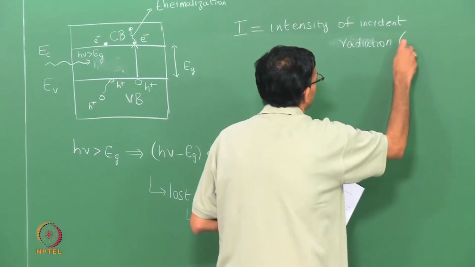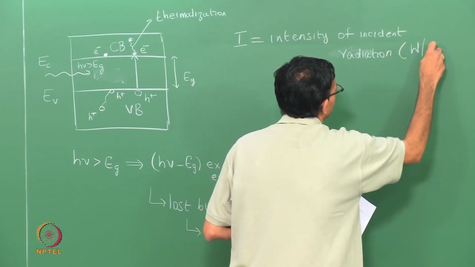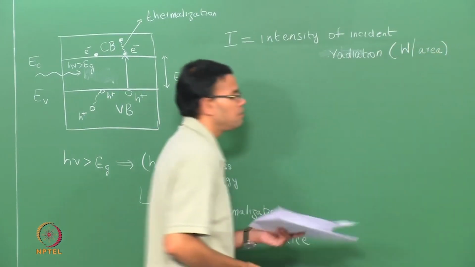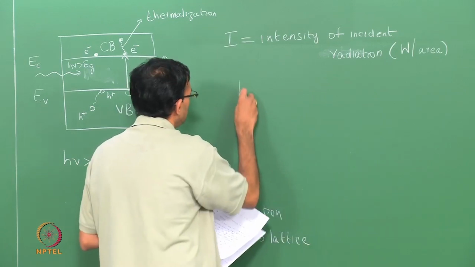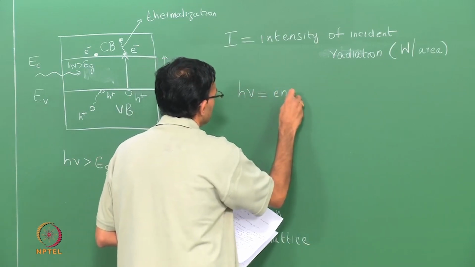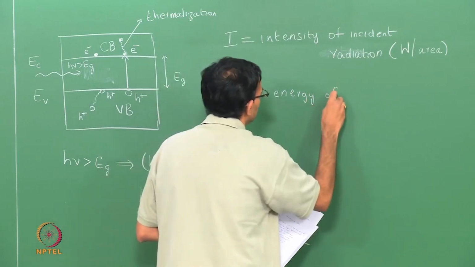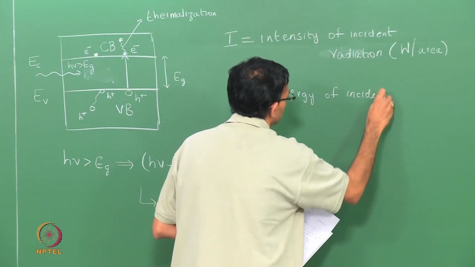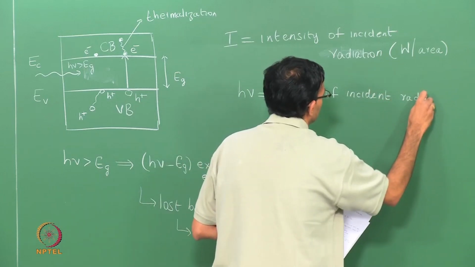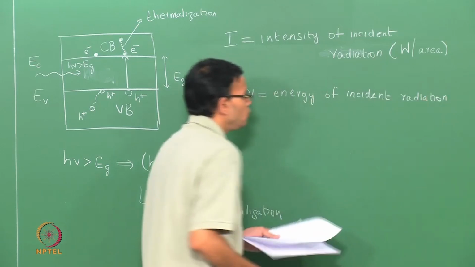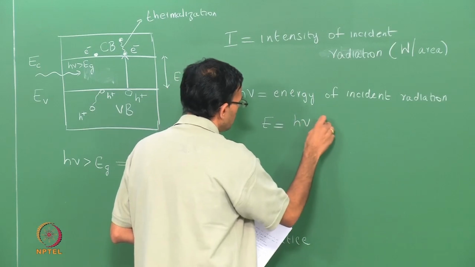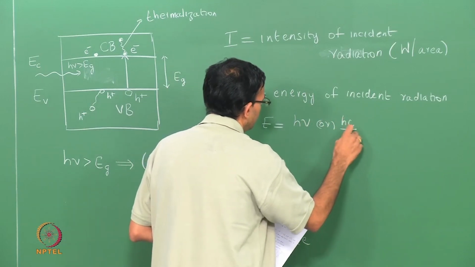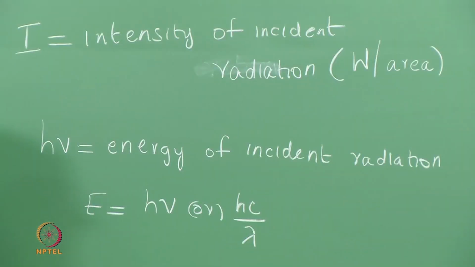So this is, let me say, watt per unit area, which is nothing but the power that is delivered to the sample, and h mu is the energy of the incident radiation, where mu is the frequency. You can also write energy as h mu or hc over lambda, where lambda is the wavelength. So whether you know the frequency or the wavelength, you can find the energy.